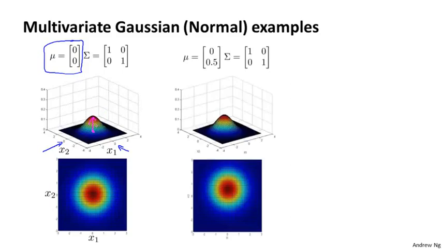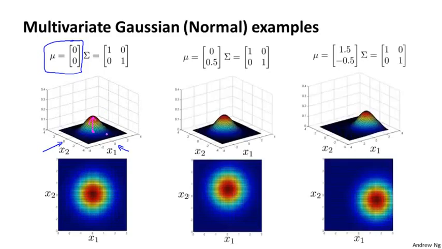Whereas if we vary the values of mu, then that varies the peak of the distribution. So if mu equals 0, 0.5, the peak is at x1 equals 0 and x2 equals 0.5, and so the center of this distribution has shifted.